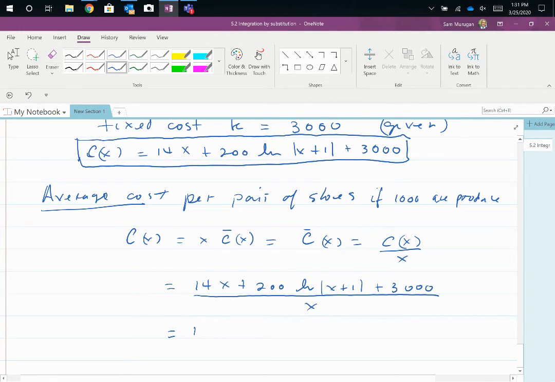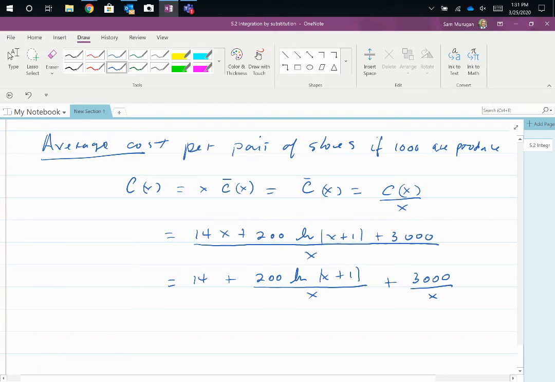which is 14. We divide each term by x. 14 plus 200 ln |x plus 1| over x plus 3,000 over x.